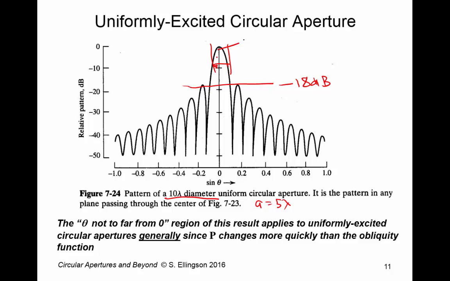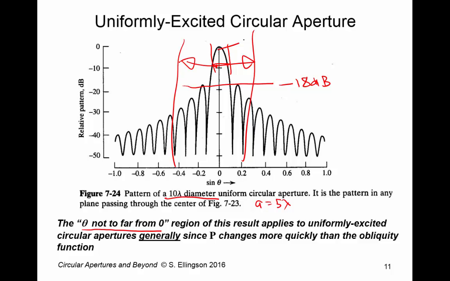Now, I've already made this argument about the theta not too far from 0 region, right? If I am only interested in this region, then the obliquity factor doesn't really matter that much, and I can neglect it. And if I'm neglecting the obliquity factor, then I'm neglecting the only thing that's different between the aperture in the ground plane case and the aperture in the free space case.